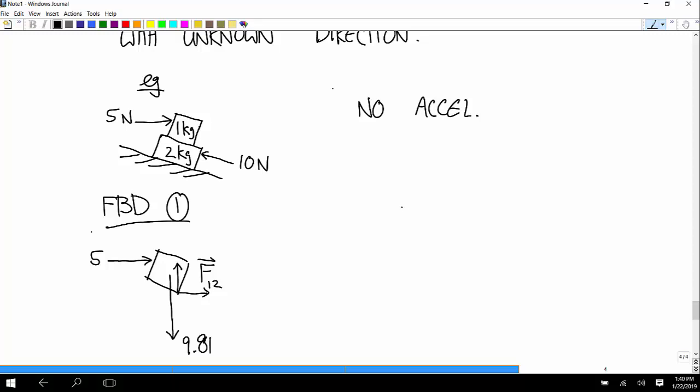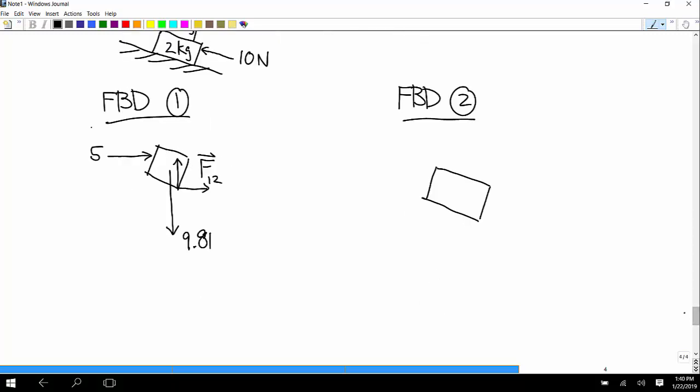And now the free body diagram of the 2 kilogram box. We have a weight force down. So 2 times 9.81 is 19.62. We have this given force.